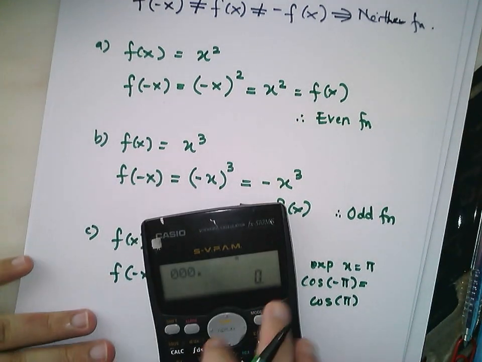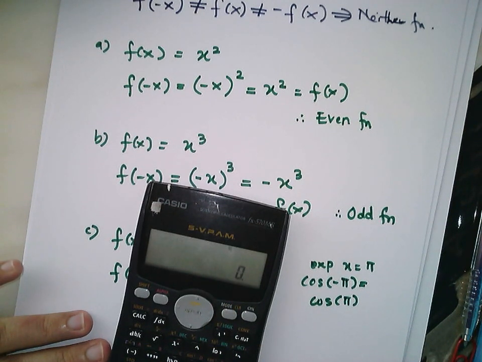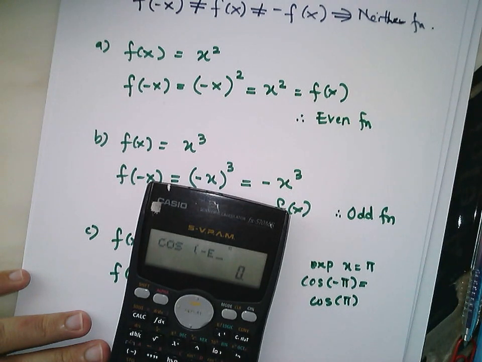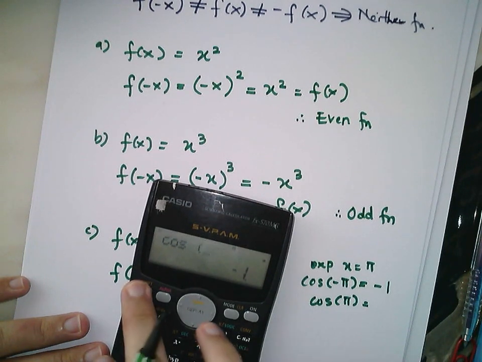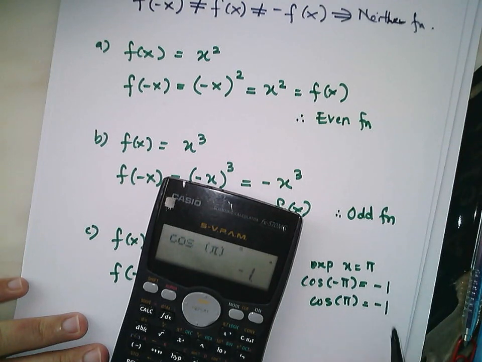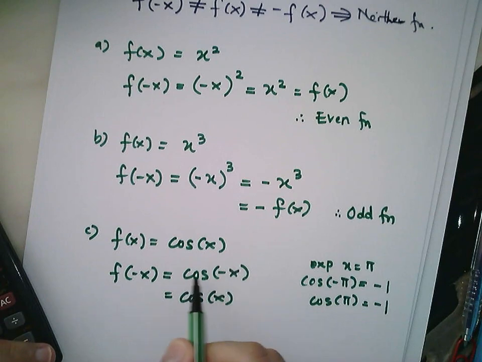Okay, so if you set your calculator in radian, so cos negative pi is equals to -1, and cos pi is equals to also -1. So that's why we can write cos of negative x is equals to cos x.